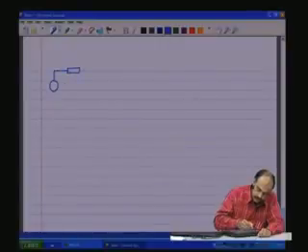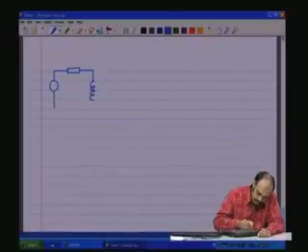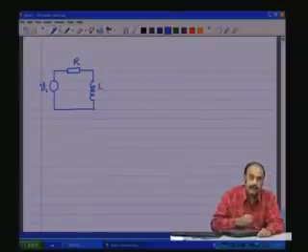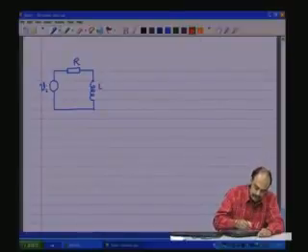Likewise, if you see the inductive circuit also, we have an R and an L, a Vi, this is the R and the L, and of course, here the state equation is IL.